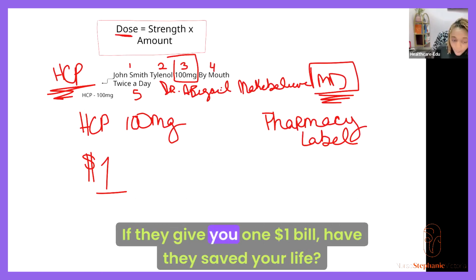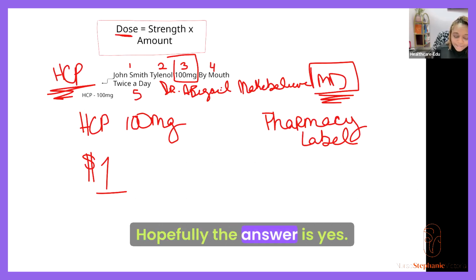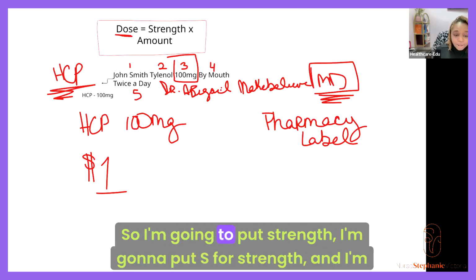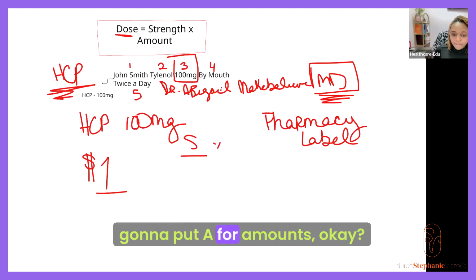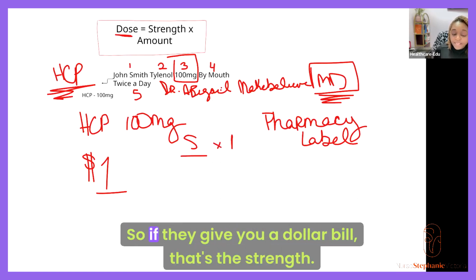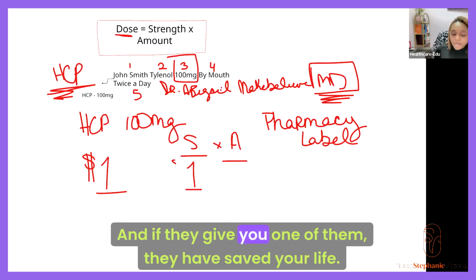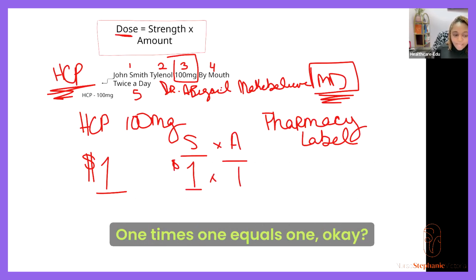If they give you one $1 bill, have they saved your life? Hopefully the answer is yes. So I'm going to put S for strength, and A for amount, okay? So if they give you a $1 bill, that's the strength. And if they give you one of them, they have saved your life. 1 times 1 equals 1, okay?